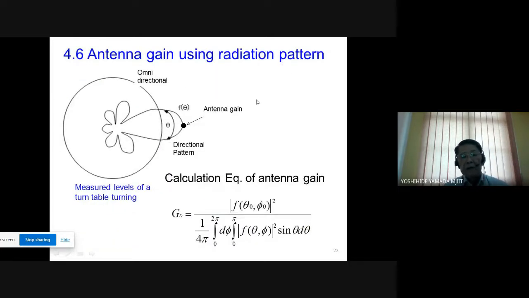Another estimation method of antenna gain is based on the radiation pattern. The radiation pattern integral can be calculated, and the maximum of the radiation pattern is put here. Then the antenna gain based on the radiation pattern can be calculated by this equation.